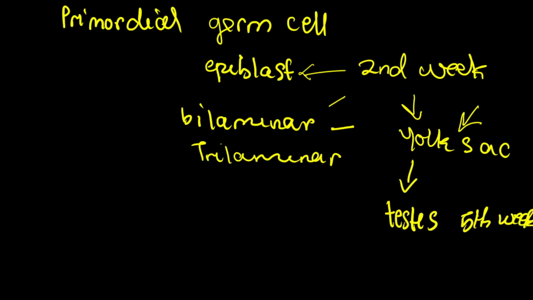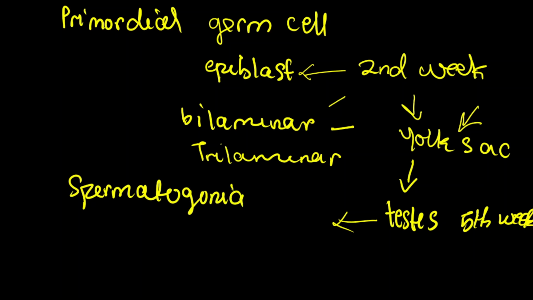Now, when these primordial germ cells get to the testis, they differentiate to form spermatogonia. As we will see, these then experience a phase of dormancy and inactivity up until puberty. This is unlike oogenesis, as we saw earlier, where the oogonia would further proliferate and undergo differentiation to form the primary oocyte.